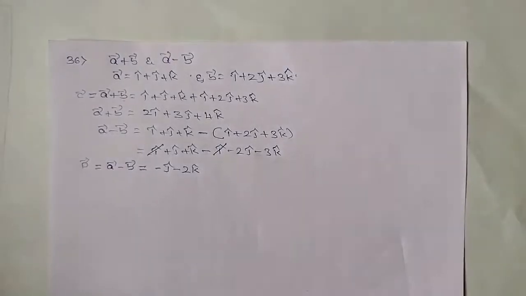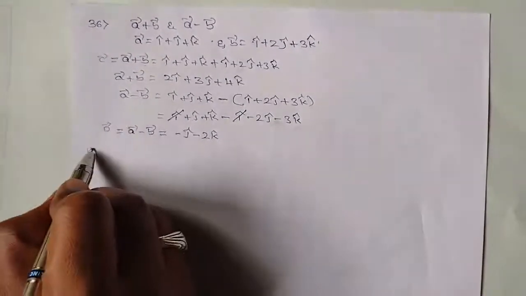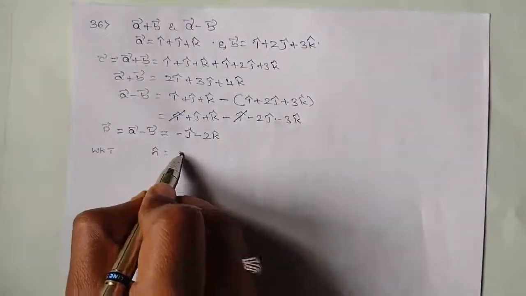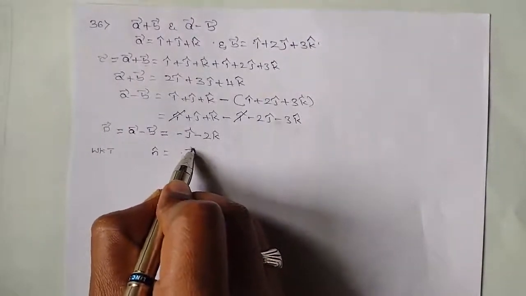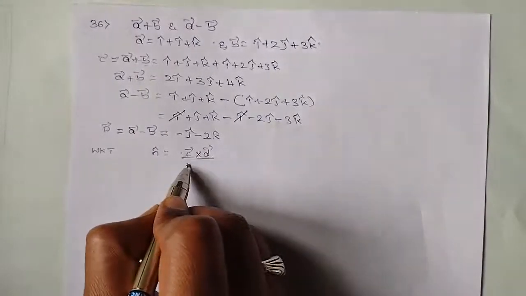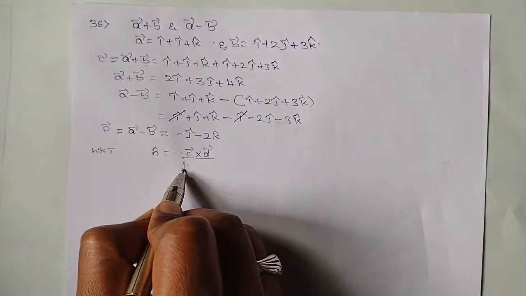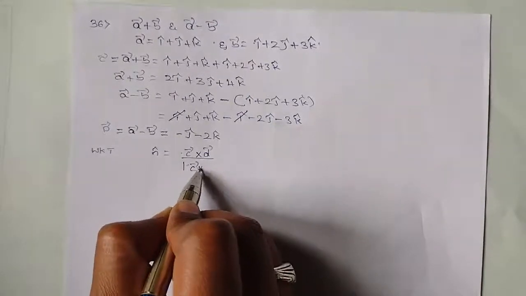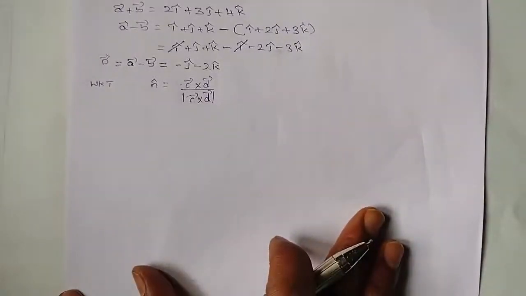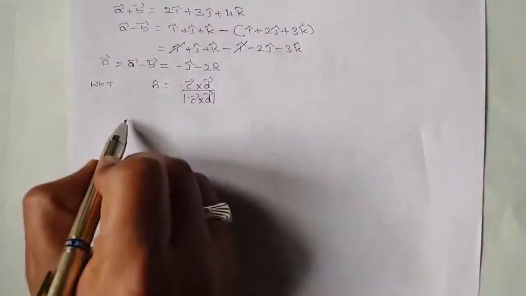Clear? So we know that n cap is equal to c vector cross d vector divided by the magnitude of c vector cross d vector. First we have to find the c vector cross d vector.